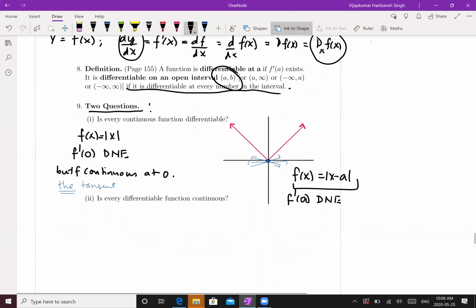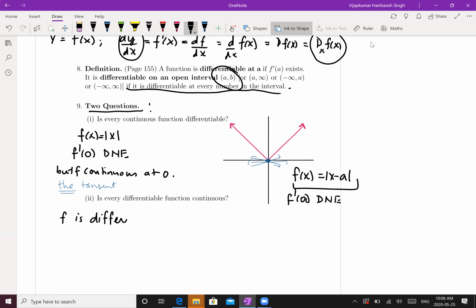Now the next question to ask is, is every differentiable function continuous? Sorry, my bad. Every differentiable function continuous, right? So let's look at that. So f is differentiable at a.